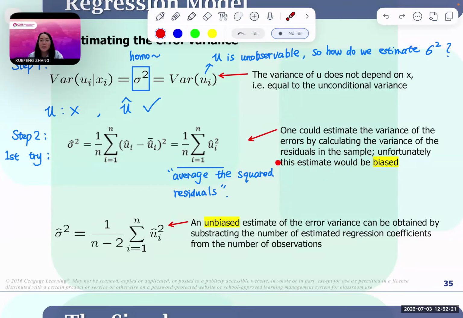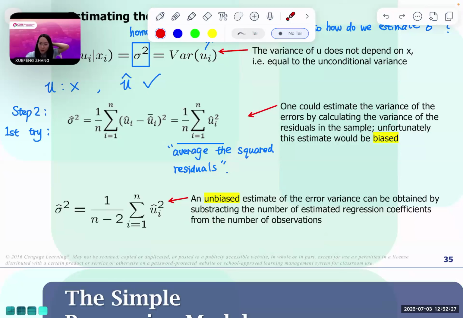It systematically underestimates sigma square. Why? Because OLS already minimized the residuals, right? Remember OLS, we try to minimize the residuals. It made them as small as possible. So the residuals are slightly too small compared to the true mu.